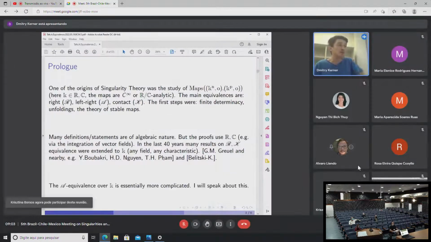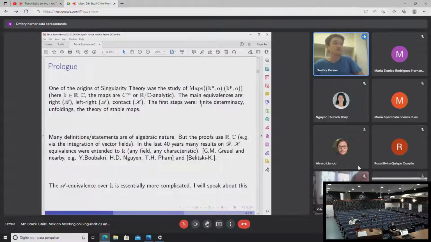The K equivalence, the left-right equivalence, is essentially more complicated, and it is the most important equivalence for these maps. To the best of my knowledge, nothing has been done about the formulation of this equivalence, even in zero characteristic, not speaking about positive characteristic, and I will speak about this. So this is what I will be talking about. Then feel free to ask questions. Hopefully I do not have too much to present, and I will have time to answer everything.